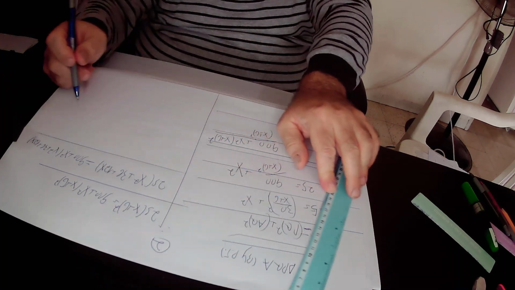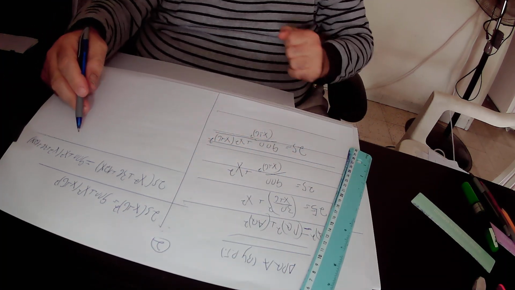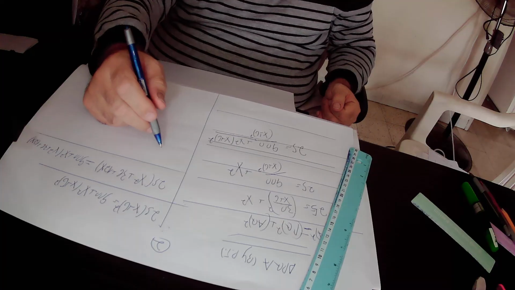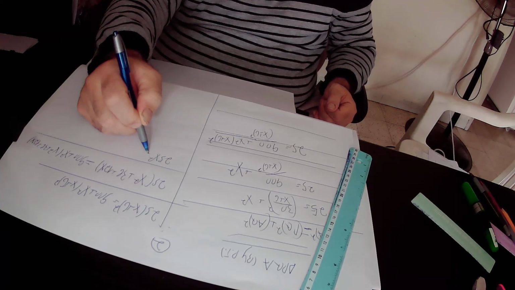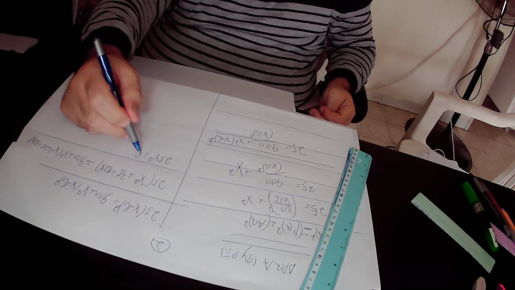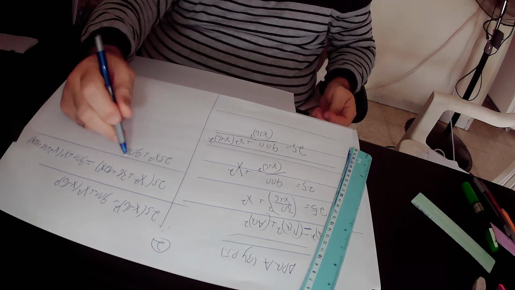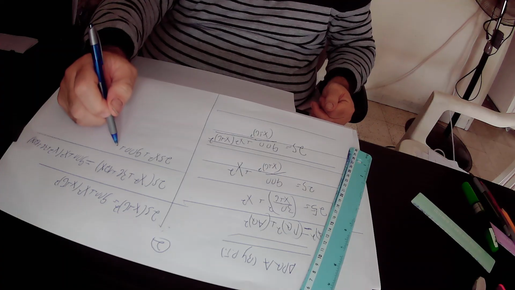So here we will open the brackets on both sides of this equation, and we get that 25 times x squared is 25x squared. And remember, 25 times 36 is 900, plus 25 times 12x is 300x.